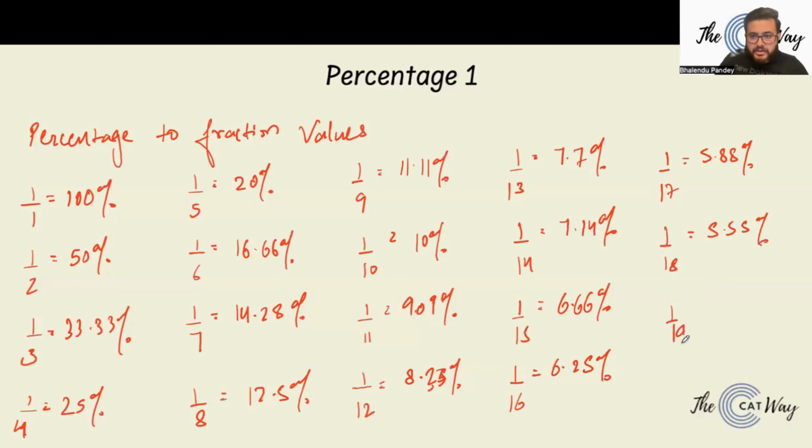And 1 by 19 is your 5.26%. Right? So remembering these values is of utmost importance.